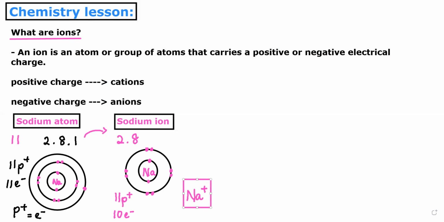Now let's move on to the example of anion. Here, let's take the example of chlorine. I'll draw chlorine atom, and then similarly we will draw chlorine ion, and we see what charge it has.